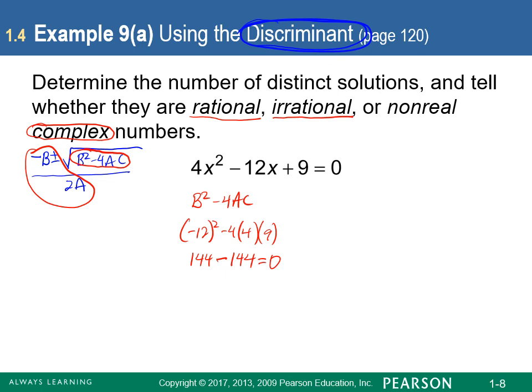That's a rational number. So a discriminant of 0 means, the 3 dots means therefore, that we have a rational solution. As a matter of fact, we have rational solutions. Remember, the two solutions.